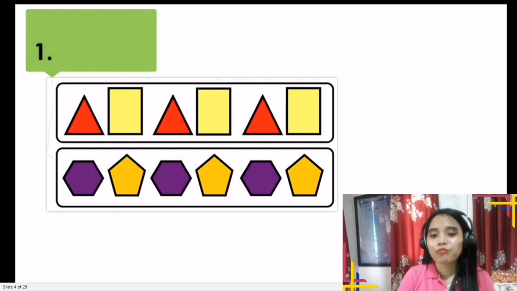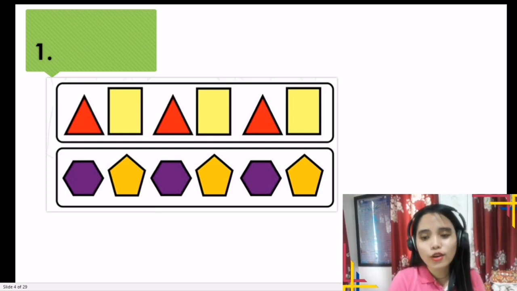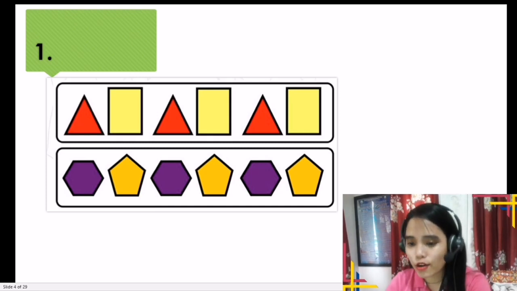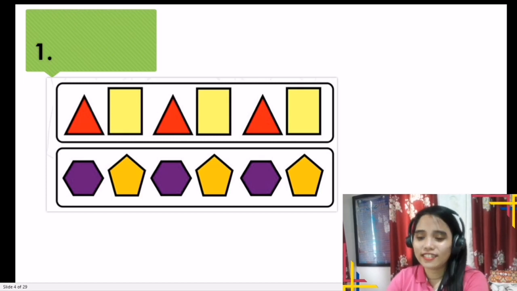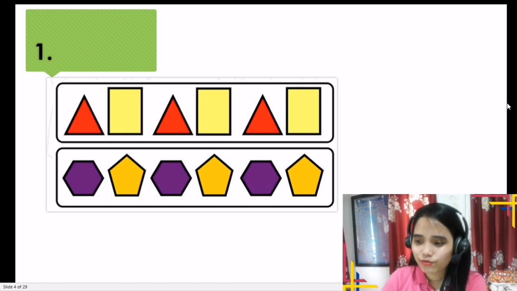So we have hexagon, pentagon, hexagon, pentagon, hexagon, and pentagon. What could be the next figure here? That's right, hexagon.